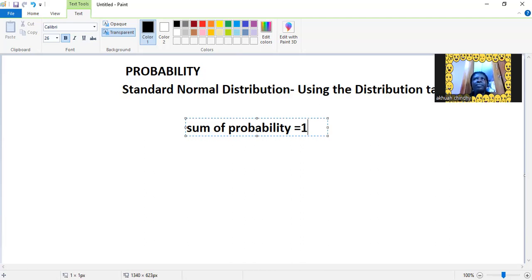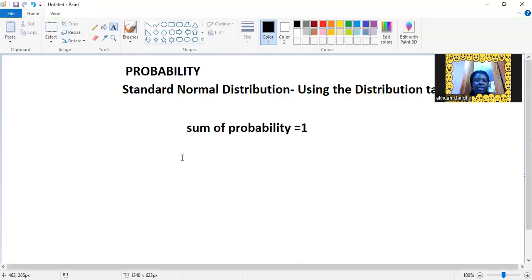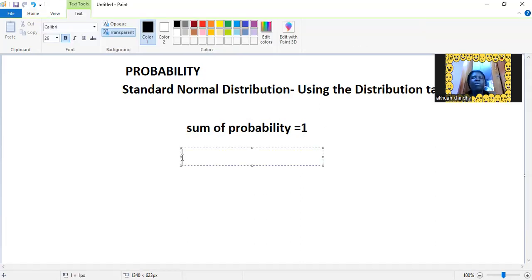So let's say the probability that I'll get money tomorrow is 0.5. Then the probability that I'll not get money tomorrow will be what? 1 minus 0.5, which is equal to 0.5, right?